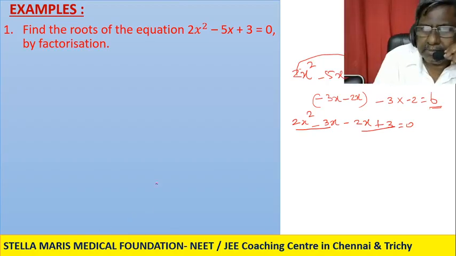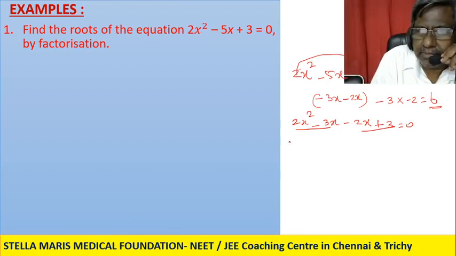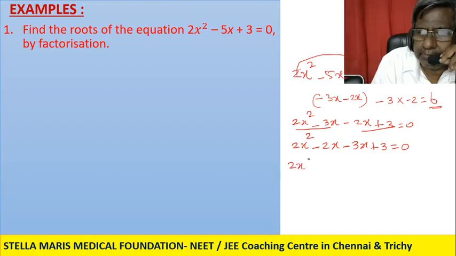So we can arrange like this: 2x square minus 2x minus 3x plus 3 is equal to 0. Now we are taking 2x common. It will be x minus 1.